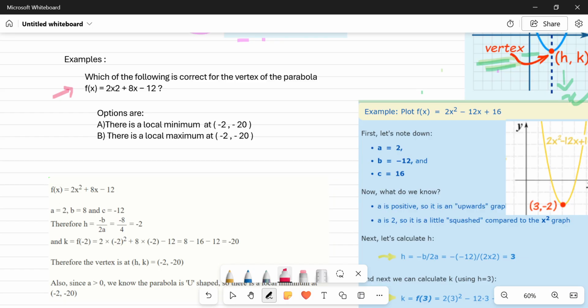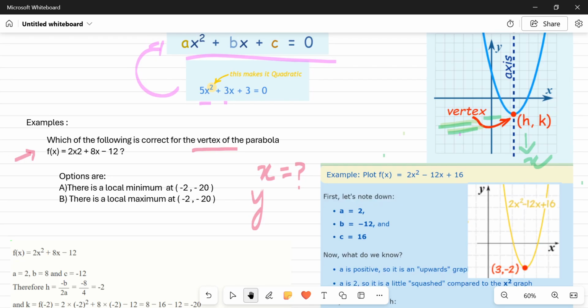Vertex means you need to find out the x value first of all, and then the y value. x is h, which I just explained to you, and y is basically k.